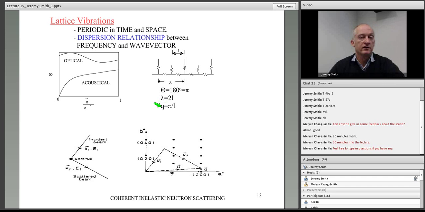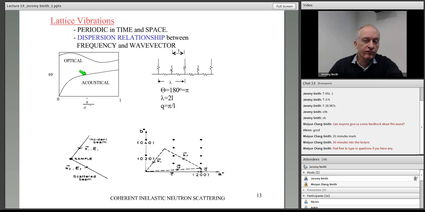And of course the vibration has a frequency. When you plot these, it turns out if you plot Q, the wave vector, against the frequency, in a crystal it turns out when you do the math that these vibrations fall on branches. This is many, many vibrations. They follow lines in the space of Q and omega.